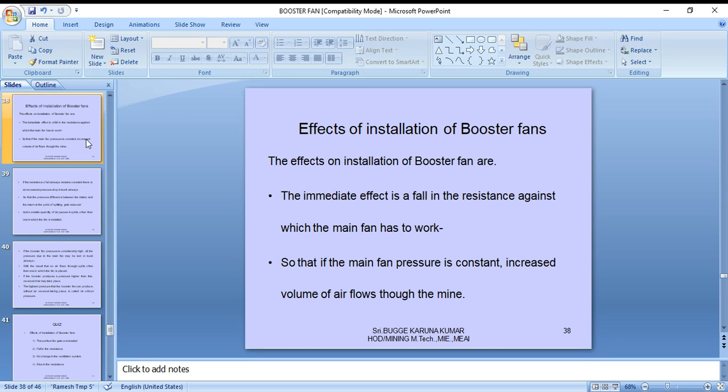The immediate effect is that the main fan works so that, if the fan pressure is constant, the volume of airflow through the mine increases.